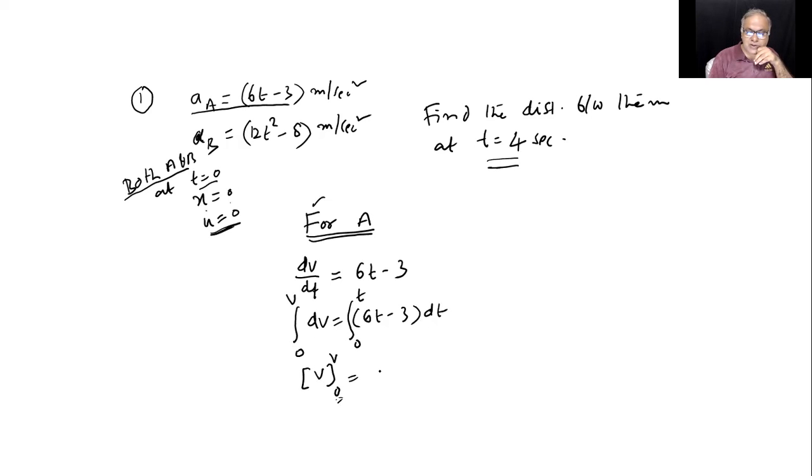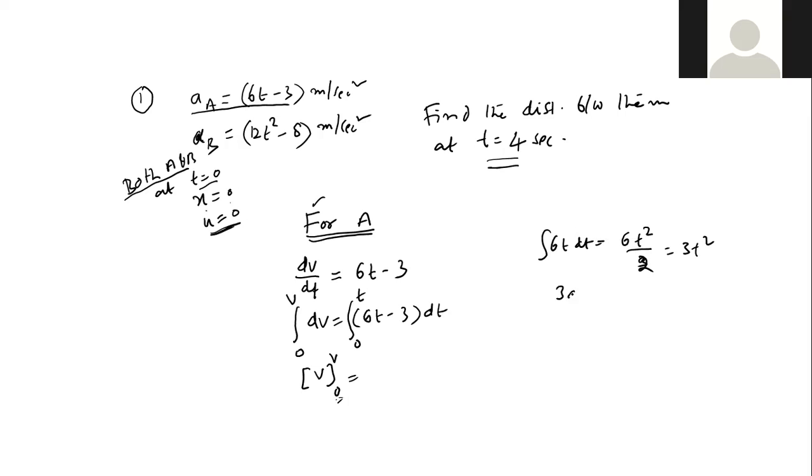Shall I write straight away for this? Integral of 60t dt is 60 t square by 2. No one is asking, I'm only teaching for myself. t to the power 1 dt gives t to the power 1 plus 1 by 1 plus 1. How much is this? 30t square. Minus 3 dt will be 3t.